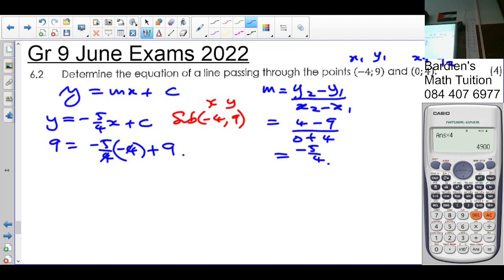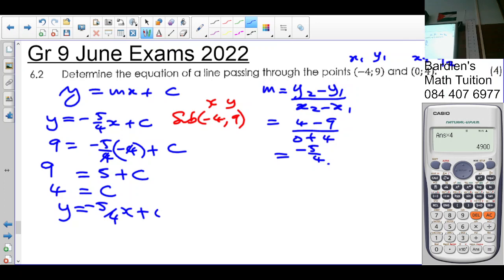That cancels, leaving you with 9 is equal to 5 plus c. So c is equal to 4. The equation is y is equal to negative 5 over 4x plus 4.